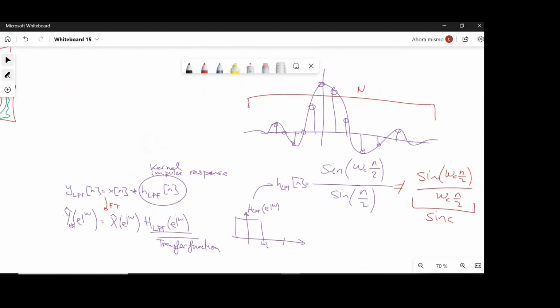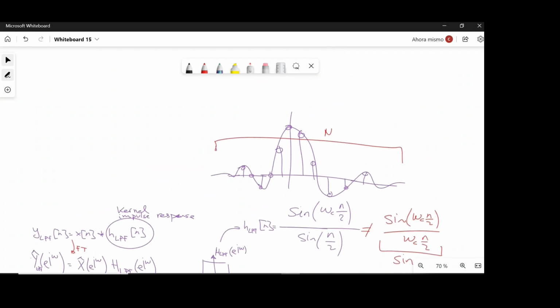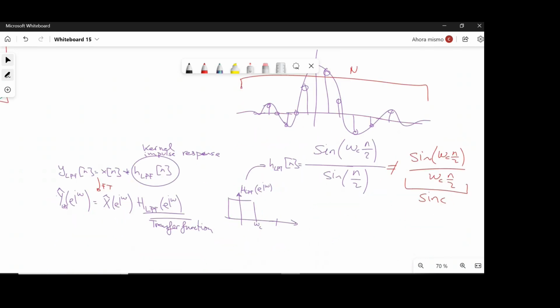Then I can design my filters either in Fourier space or in real space. The problem with real space is that it is not so easy to define these shapes. It's much easier to do it in Fourier space. That is one of the reasons why we use the Fourier transform. The other reason is that when you have to implement it, you can implement both.